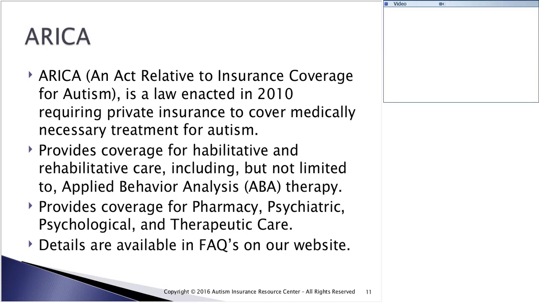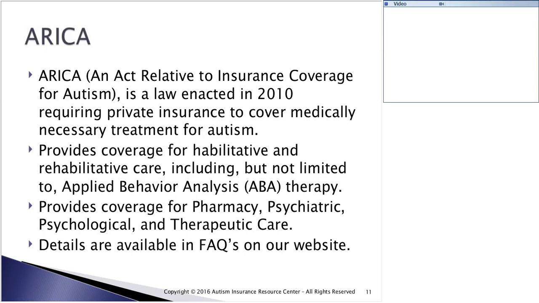So I like to say that ARICA was deliberately vague, and when we talk about habilitative and rehabilitative care, we have including but not limited to ABA therapy, and that including but not limited to was meant to capture all of the other therapies and treatments that may be medically necessary for people with autism, therapies and treatments that may not even exist today, but that we hope with future research and developments may emerge and be efficacious and have medical necessity.